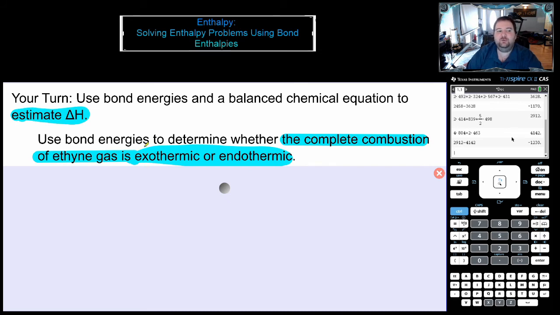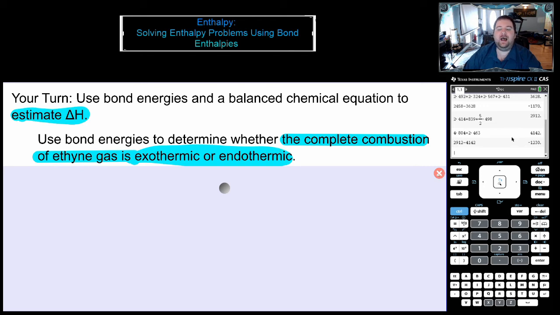So hopefully you remember what ethane gas is from our organic chemistry unit that we did. But if you don't, ethane gas is a 2-carbon compound with the carbons being triple bonded. So go ahead and combust that and work out your solution. And when you're done, come back and I'll have the solution ready for you. See you soon.